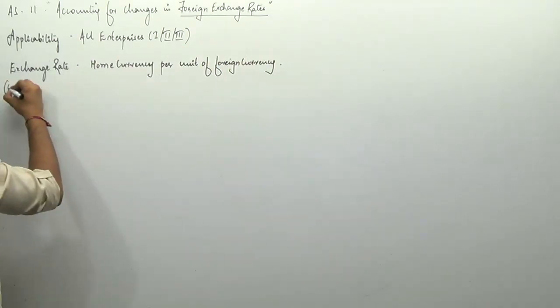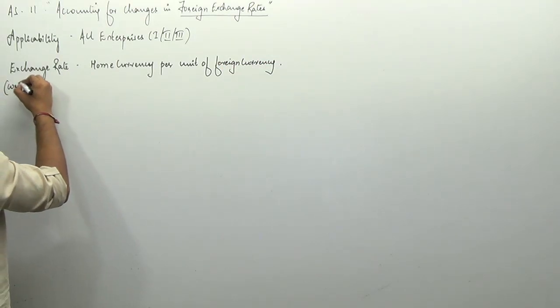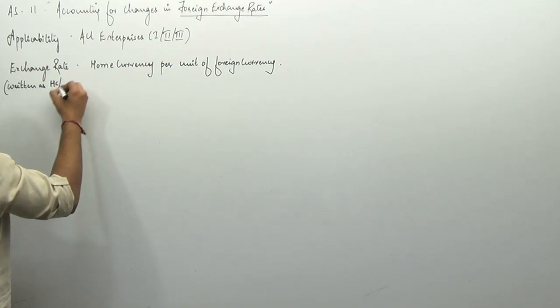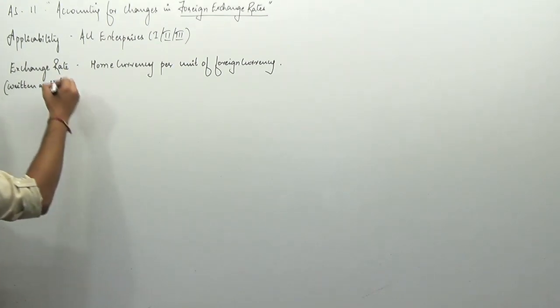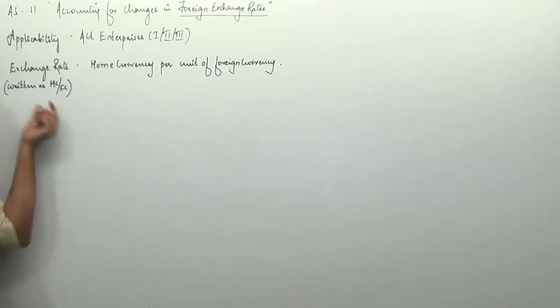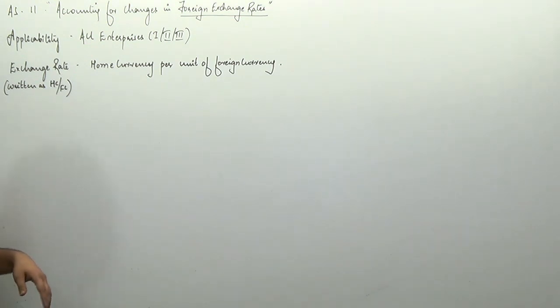This is normally written as HC by FC, home currency by foreign currency. Home currency per unit of foreign currency is an exchange rate. Regularly, what do we say? Dollar is 65 rupees per dollar, 70 rupees per dollar. So home currency divided by foreign currency.